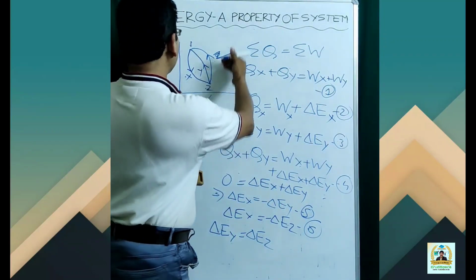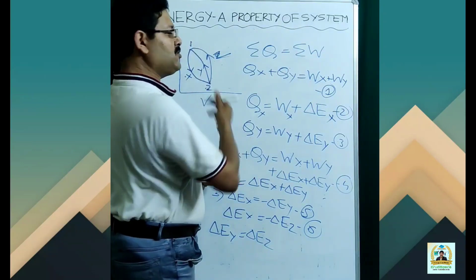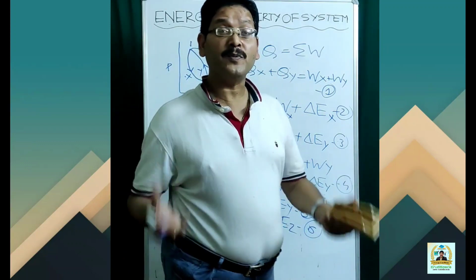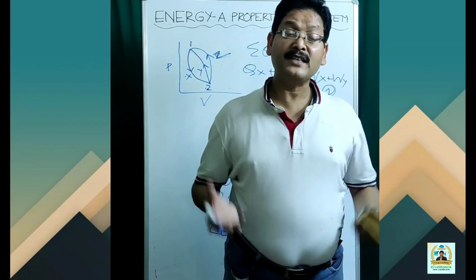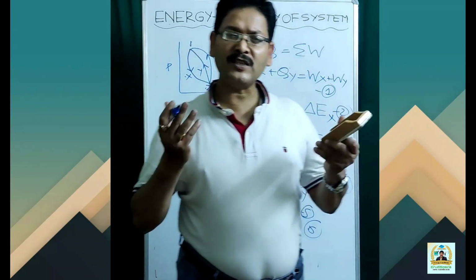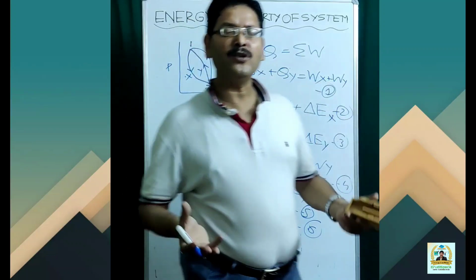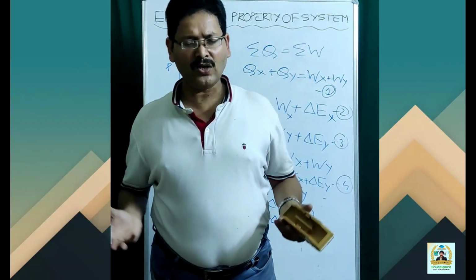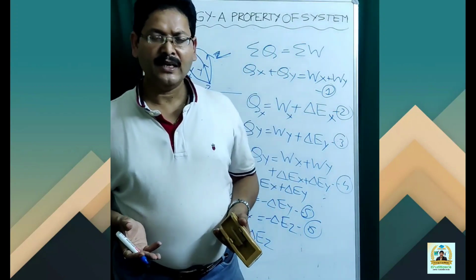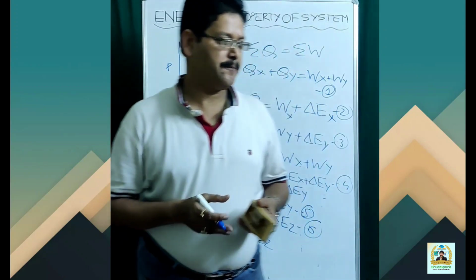So there are infinite number of ways in which you can reach point 1 from point 2, and in each case the change of energy is remaining the same. So now we have successfully proved that energy is a point function just like pressure, volume and temperature, etc. Energy is in fact an extensive property.